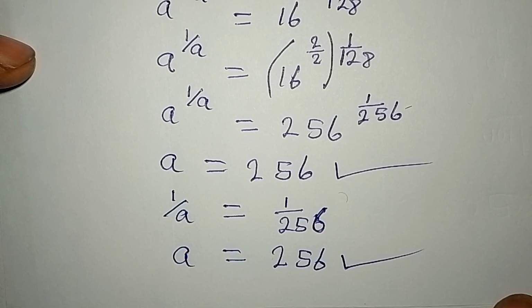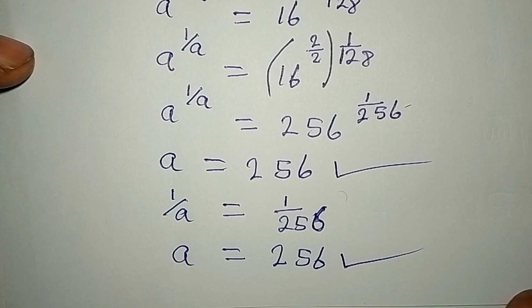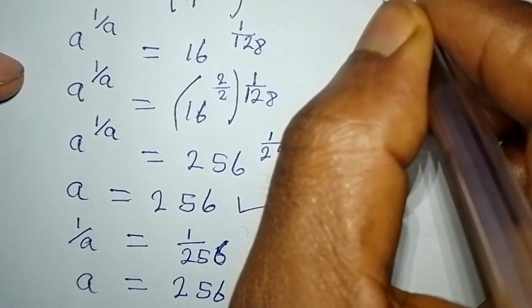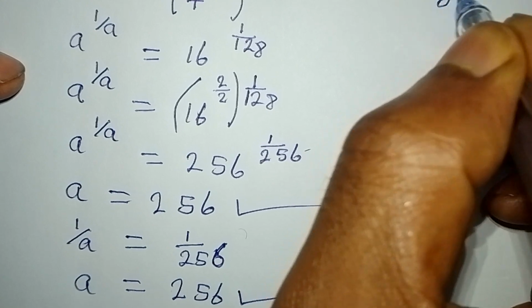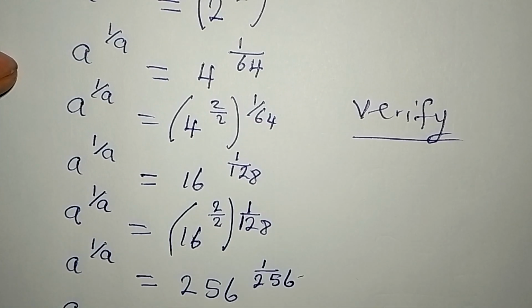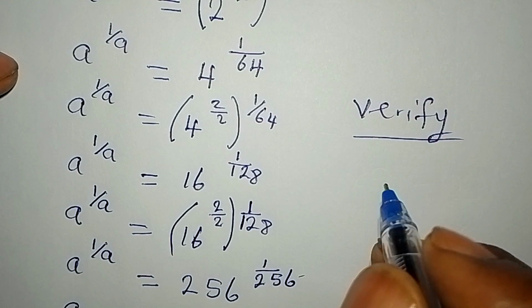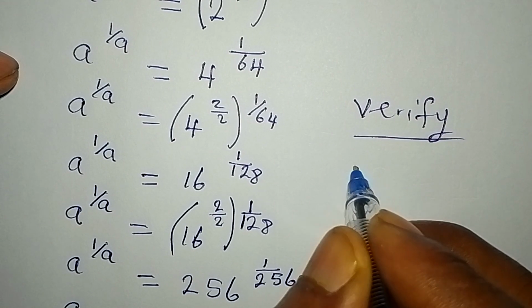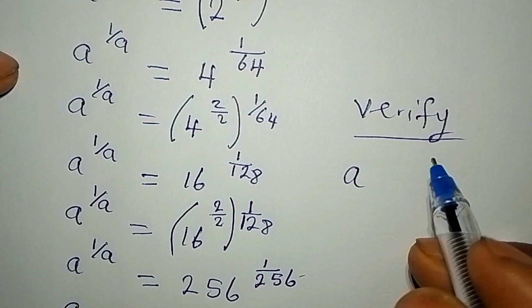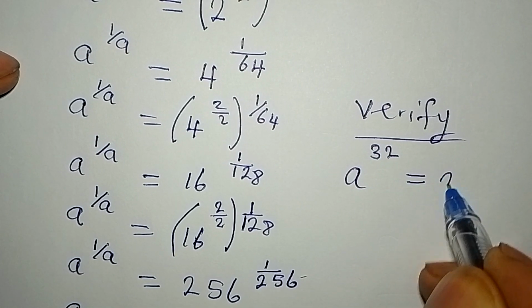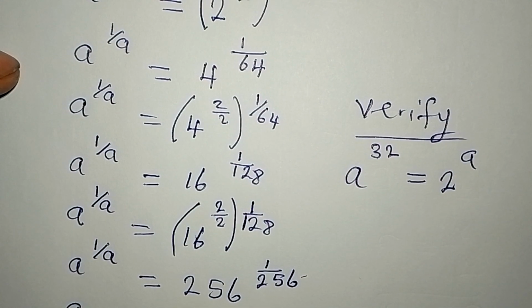Now what I want us to do is to verify what we have done. The original equation is a to the power of 32 equals 2 to the power of a.